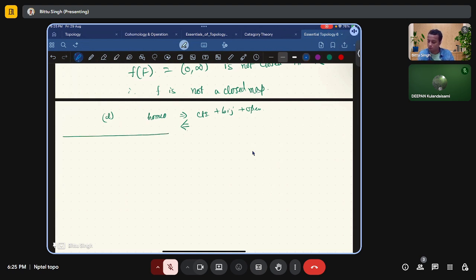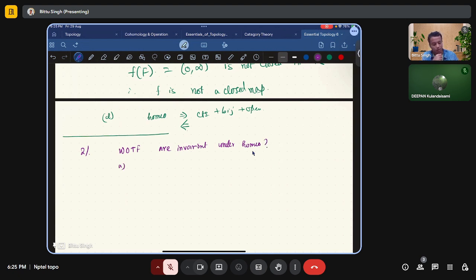Now let us see question number 4, 5. Which of the following are invariant under homeomorphism?